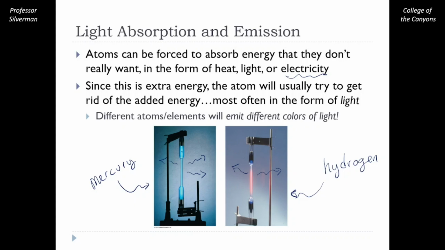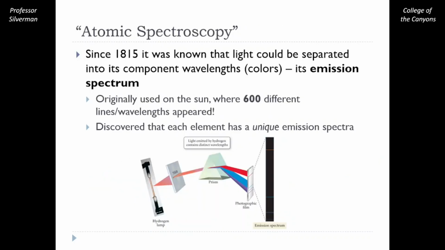And even more confusing than this, it turns out our elements actually emit very weird arrays of light. If you look at that pink light coming out of hydrogen, it's actually not just pink light, it's exactly 4 unique energies or colors of light that are being emitted, and nothing else.